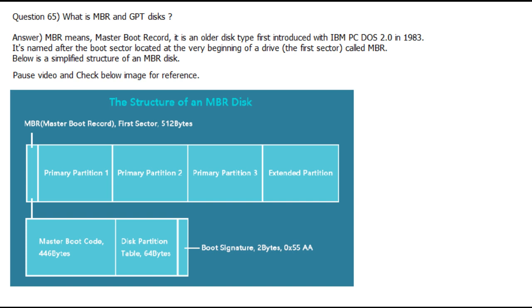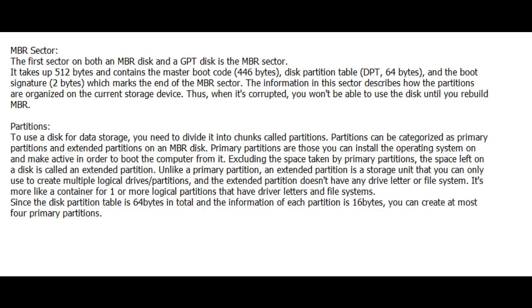Below is a simplified structure of an MBR disk. Pause video and check below image for reference. MBR sector. The first sector on both an MBR disk and a GPT disk is the MBR sector.